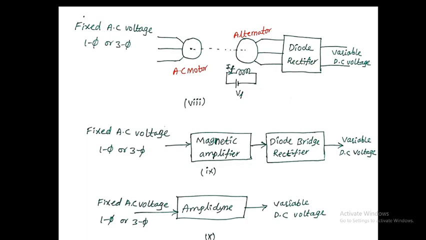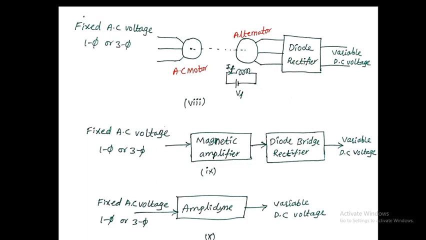From the AC voltage, the AC motor will run, and mechanical energy will be given to the alternator through the shaft, and the alternator will give the AC voltage, controlled AC voltage. That voltage is connected to the diode bridge rectifier, so that controlled AC voltage will give the controlled DC voltage or variable DC voltage at the output of the diode bridge rectifier.